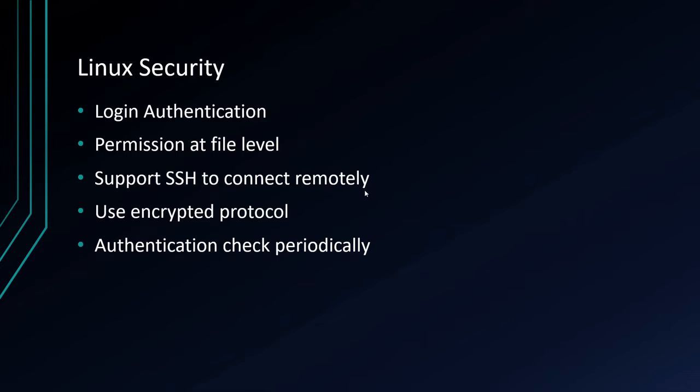It also supports remote connection SSH, which is secured, and it has some encrypted protocols which make it safer to communicate with. And finally, it has some authentication check periodically, which helps to verify if any unwanted connection has been connected.